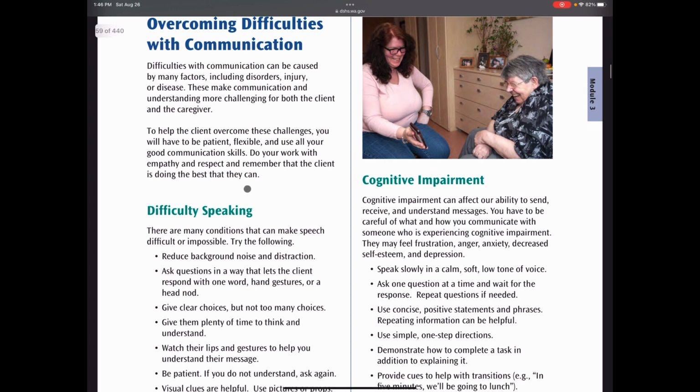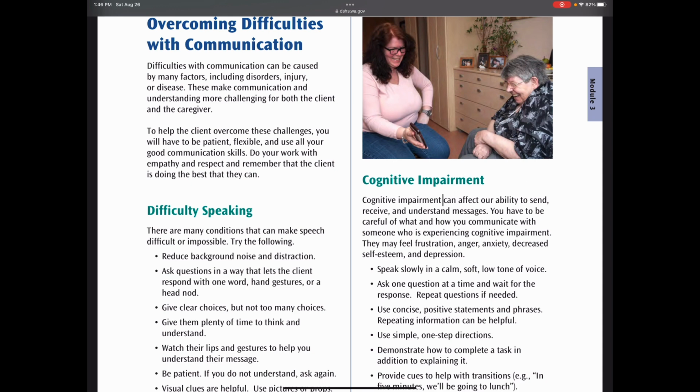Okay, this is difficulty with speaking. If somebody has difficulty speaking, we need to reduce the amount of answers that people give you back. And if somebody has a cognitive impairment, they may not be able to communicate well with you.